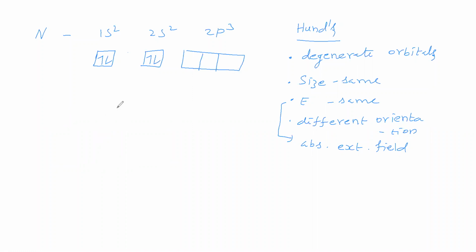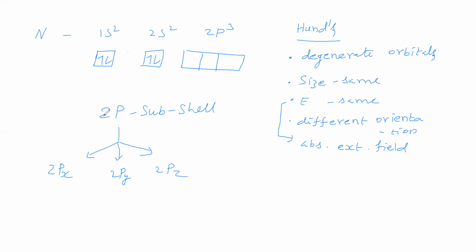Next, the p subshell, that means the 2p subshell. The p subshell is having 3 orbitals: 2px, 2py, 2pz. Size is the same.